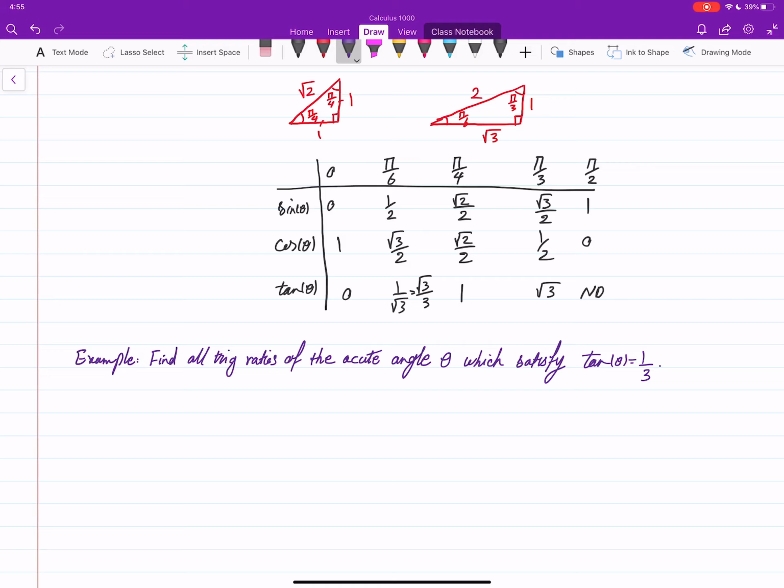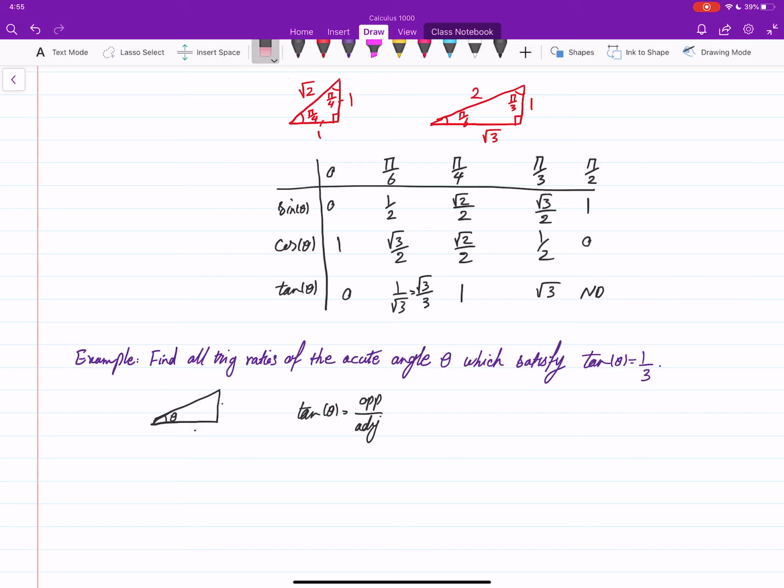what the other ratios are, but just looking at this, tan theta is going to be opposite over adjacent, and any triangle I draw, this ratio is going to be the same thing. So if this is theta, this over that will give me 1 over 3.